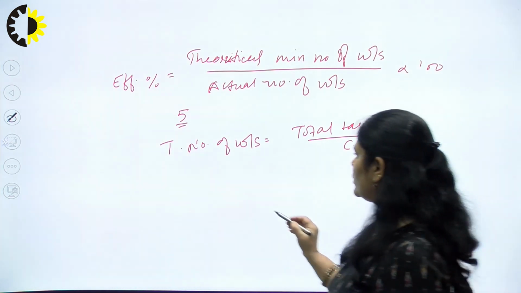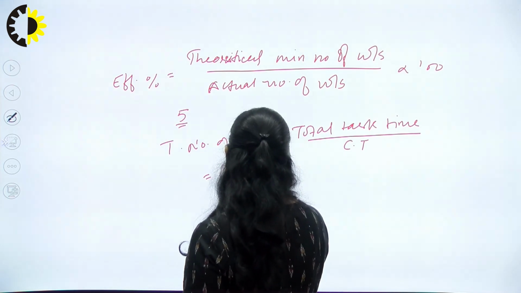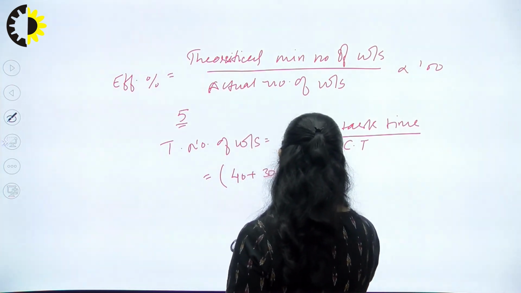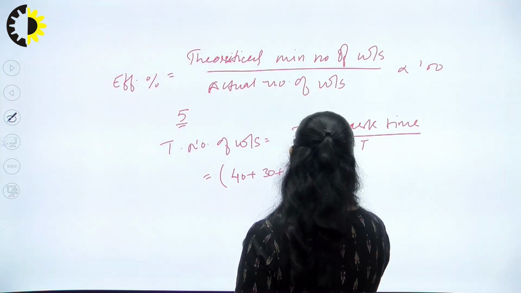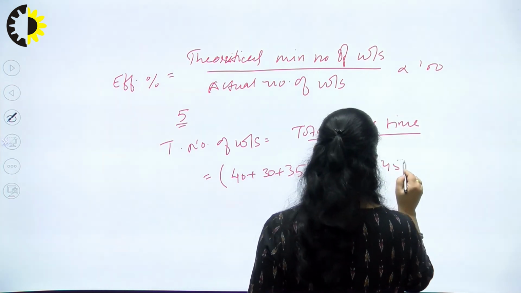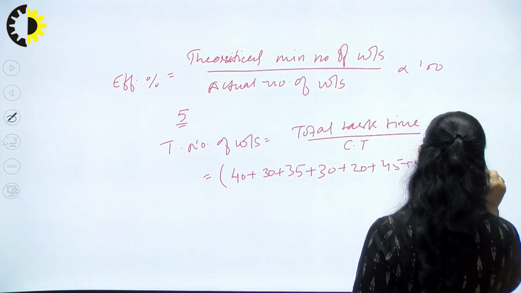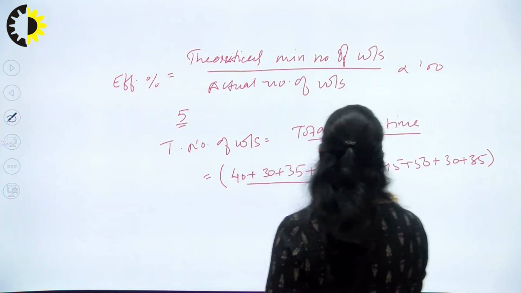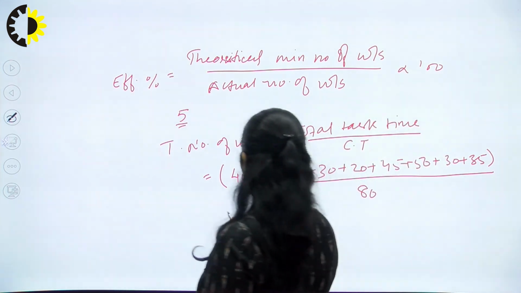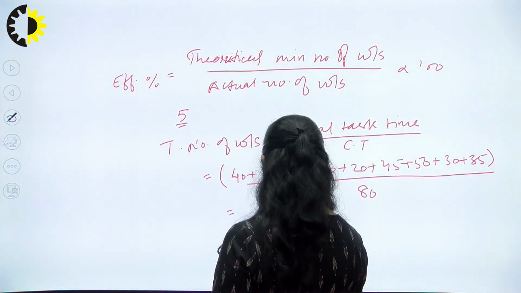And what will be the total task time? Total task time will be the time of each task, which will become 40 plus 30 plus 35 plus 30 plus 20 plus 45 plus 50 plus 30 plus 35 divided by the cycle time, which is 80. It means it comes out to be 3.93.